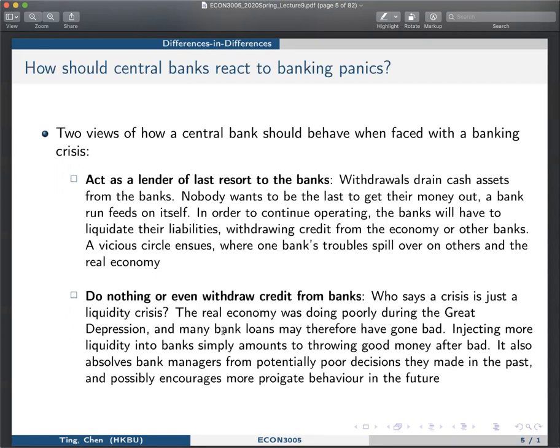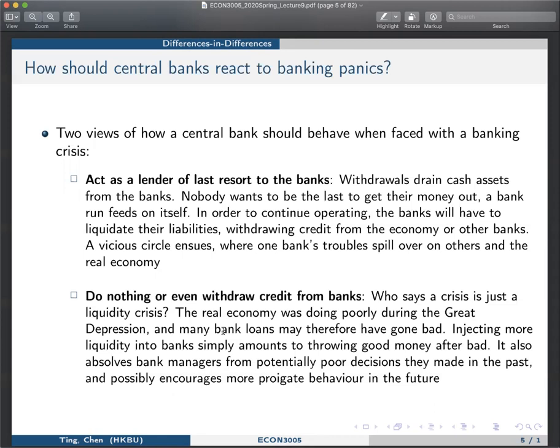Their quick resolution in the banking crisis of 2008 actually contributed a lot to the quick recovery of the U.S. markets. I think most economists agree that without such a quick response from the Federal Reserve, it's very likely that we would be facing a long-term economic depression, just like the Great Depression.